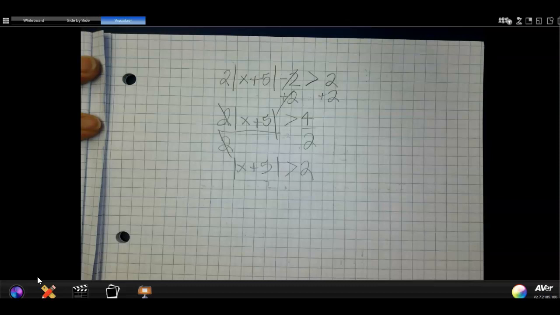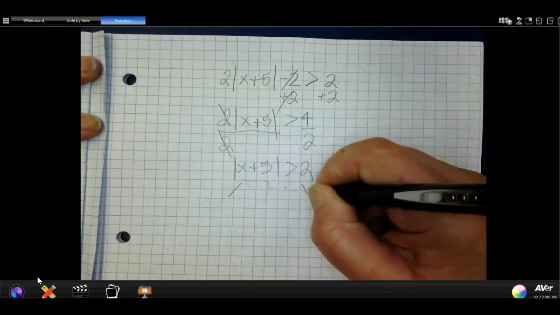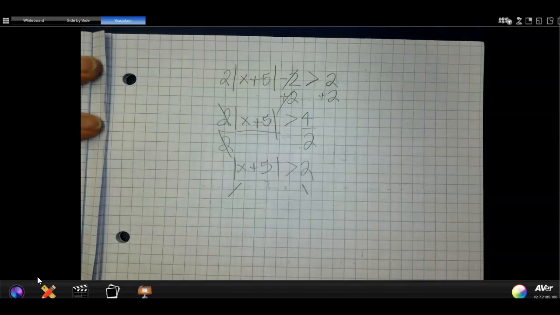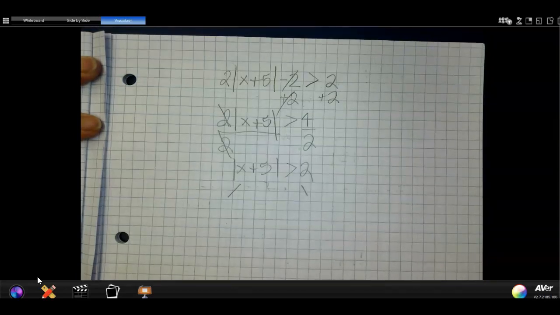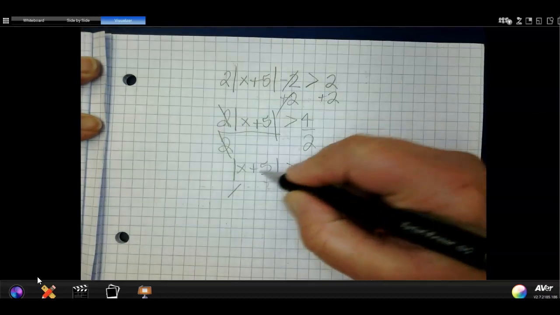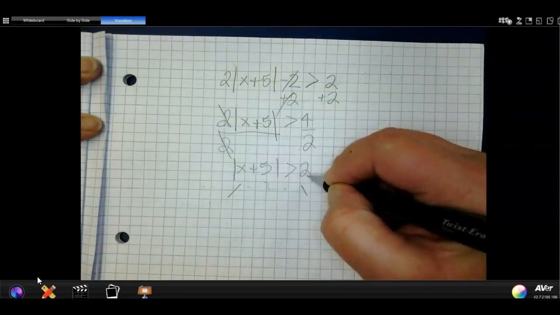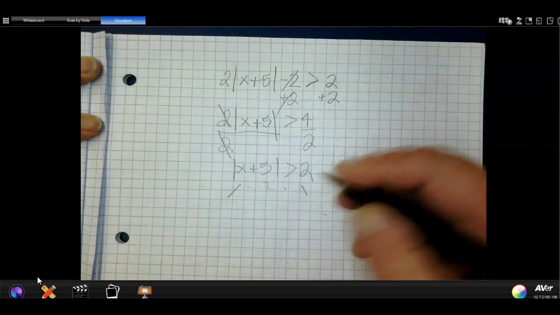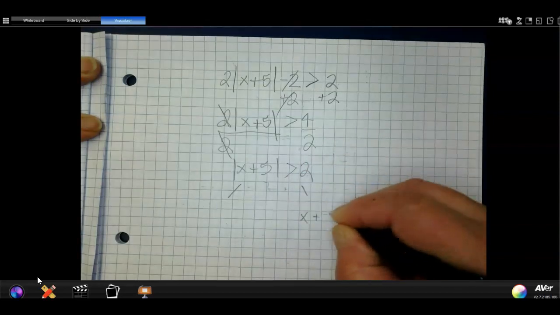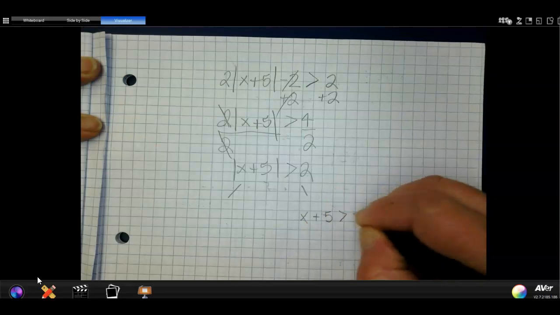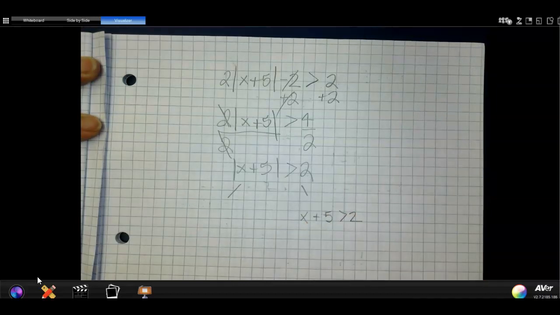So now I'm just going to do my thing. I'm just going to split this into 2 inequalities and pay close attention to how they go. Okay? I'm going to keep this the same for my positive solution. I'm just going to copy x plus 5 is greater than 2. Okay?